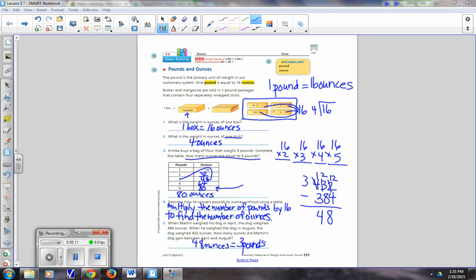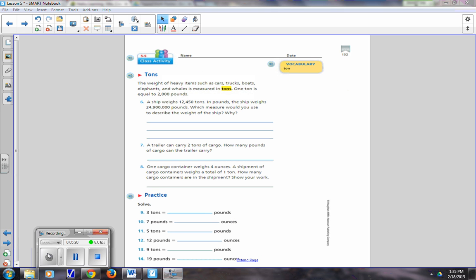Just a little extra tidbit for you so that you can be a little smarter. Why don't you turn the page and let's talk about how to weigh heavy things. Because if we are getting into like 10,000 pounds, that's a lot of pounds. There's got to be another unit of measure we could use, and there happens to be one.